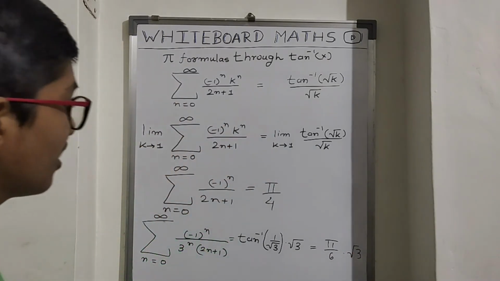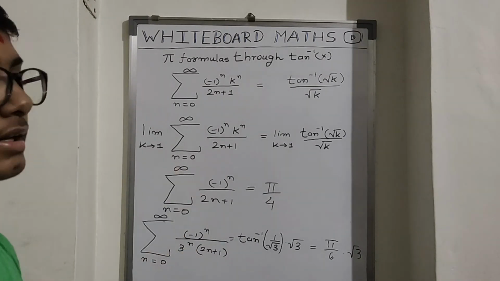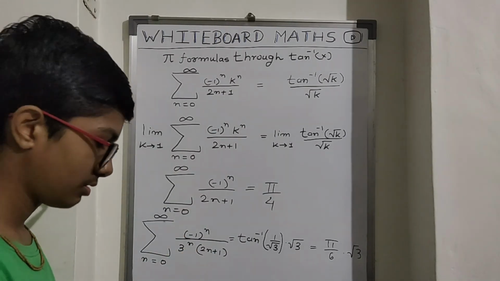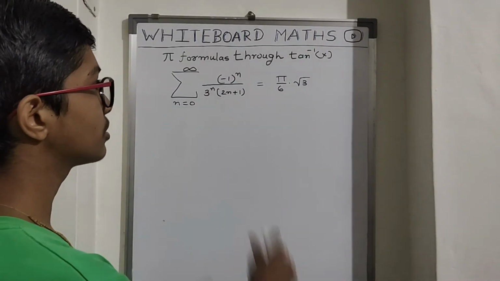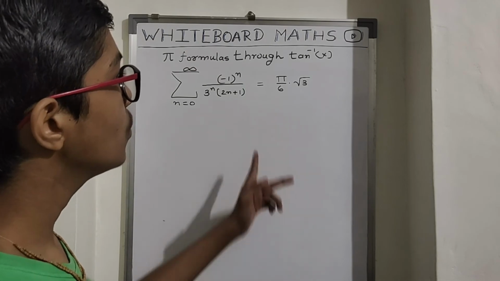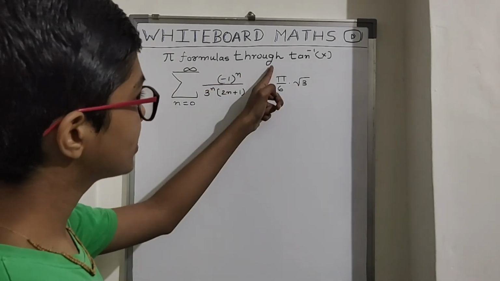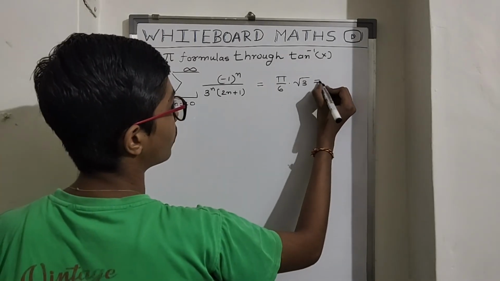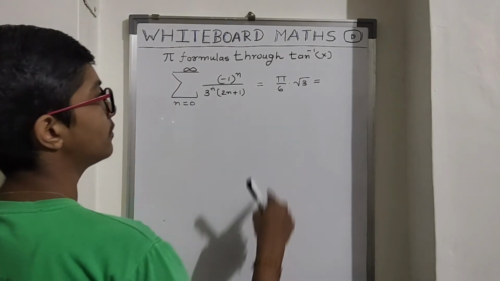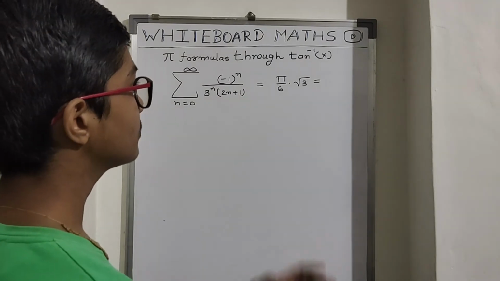Stays the same. Now we will clean the board and we will get to it again. So far we have reached this point, and now we could simplify this as follows. 6 can be factored as 3 times 2.